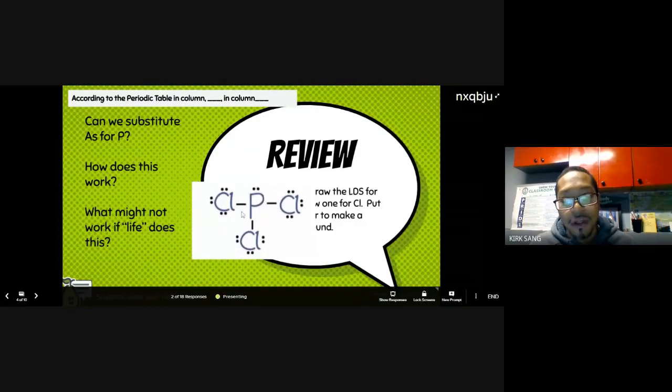Phosphorus is full, phosphorus is satisfied. Look at chlorine, 2, 4, 6, 8. So chlorine is satisfied with 8 electrons. Look at this other chlorine, 2, 4, 6, 8. 8 valence electrons surrounding that chlorine.